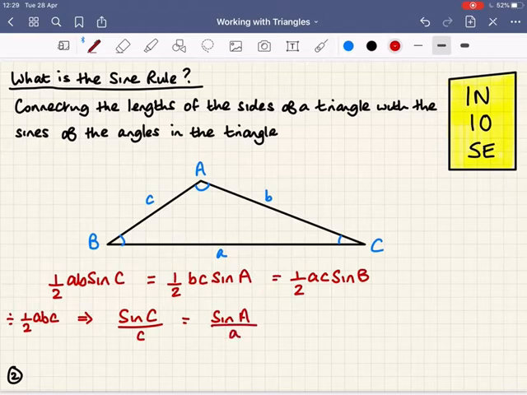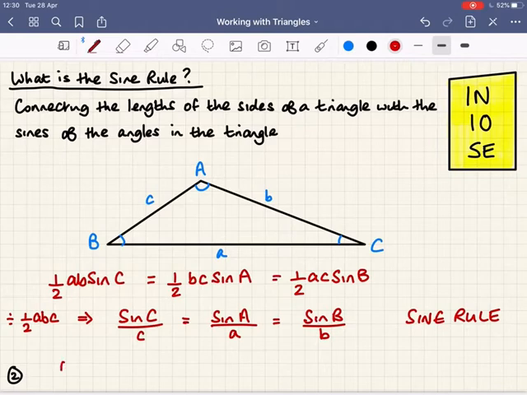Again, if I divide half bc sine A by half abc, that cancels down to sine A over a, which is also equal to, if I do the same with half ac sine B, sine B over b. And there is the sine rule, derived from our formula for the area. It tells me that sine C divided by c is the same as the result I'd get if I divided sine A by a, or sine B by b.